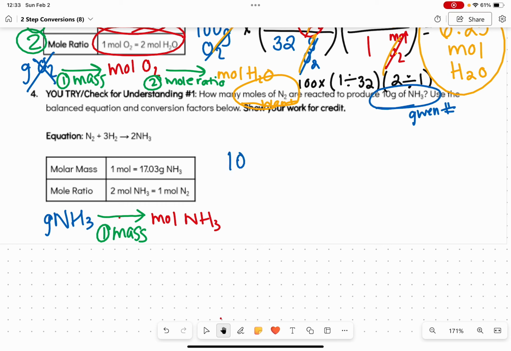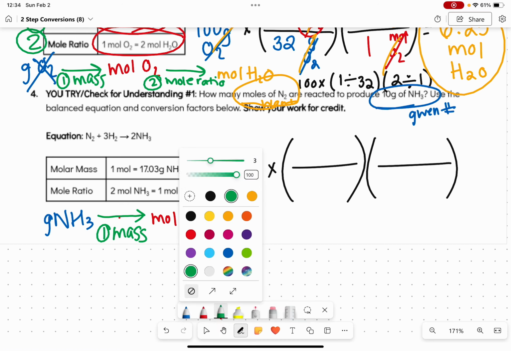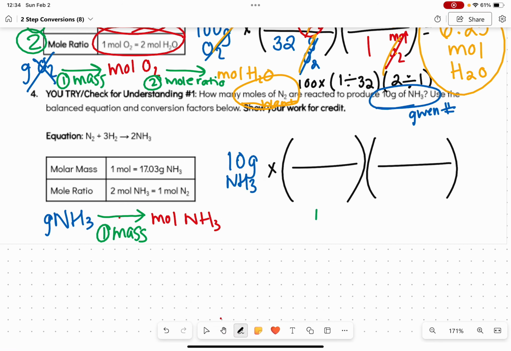So 10 grams NH3 goes out front, and we are going to multiply it by our molar mass. The mass that you use for this is the mass of the substance that we're currently with, NH3. I already found it. It's 17.03 grams.